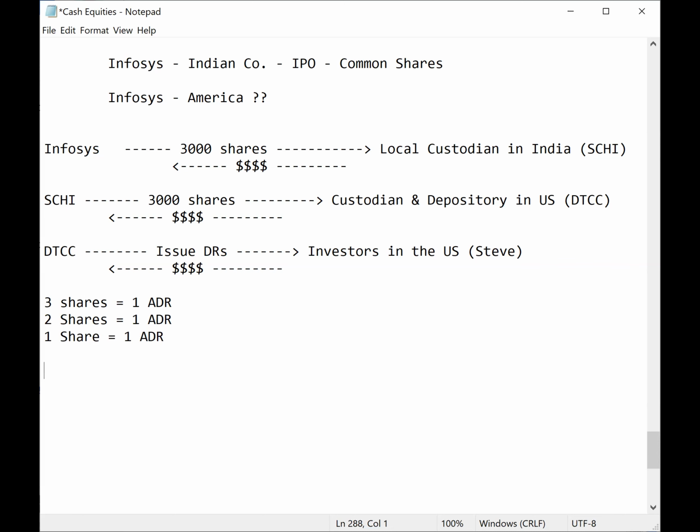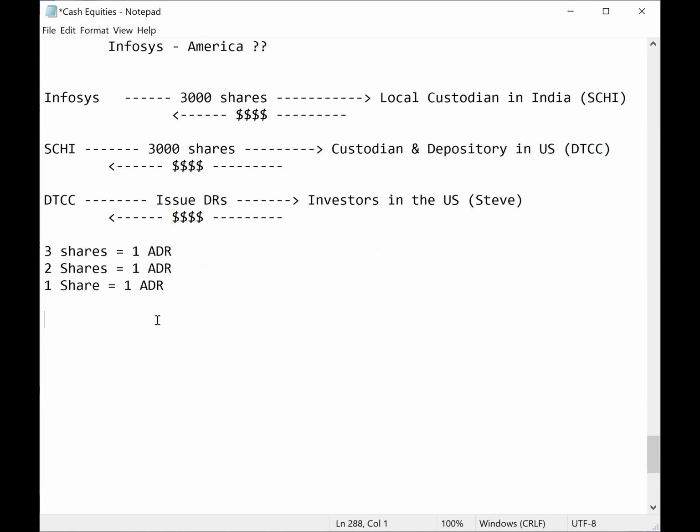Because what happens is, let's say a company has a price of rupees 200 per share in India. Now, if they go for a ratio of 1 share equal to 1 ADR, what would that mean?